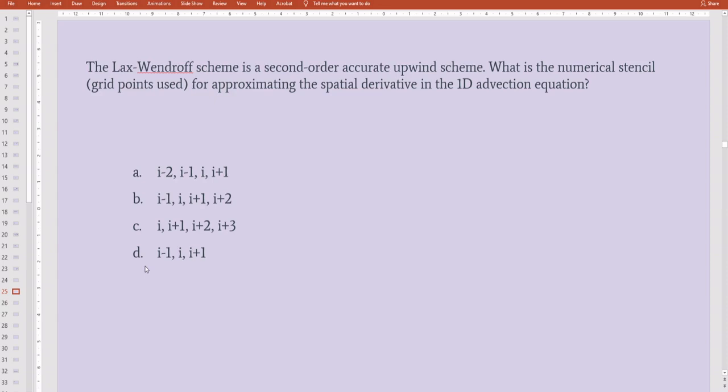What are the grid points we require to calculate the spatial derivative?